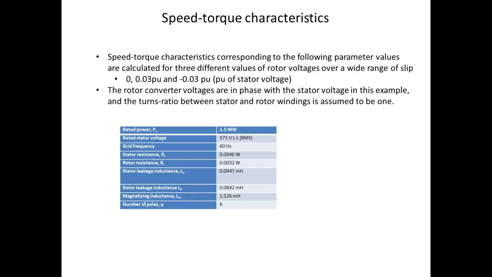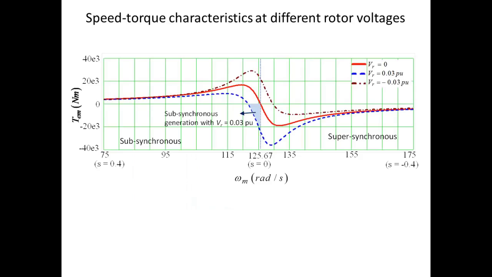Okay. So these are the corresponding speed torque characteristics at the 3 different applied rotor voltages. So let's initially look at VR equals 0.